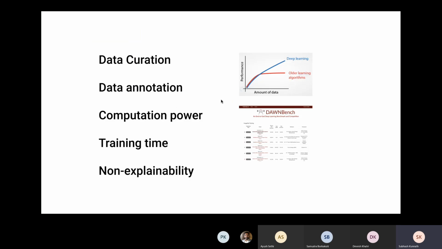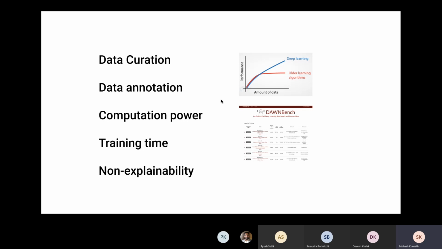Other challenges are that for this deep learning system to work, it needs a massive amount of data, and data curation is a big challenge. And data annotation, as some problems need the data to be annotated for semantic segmentation.